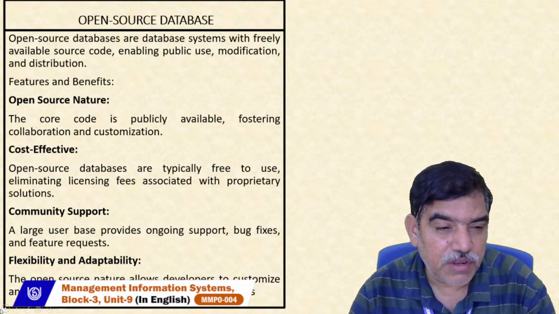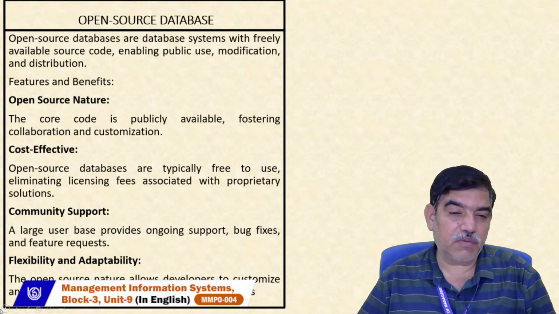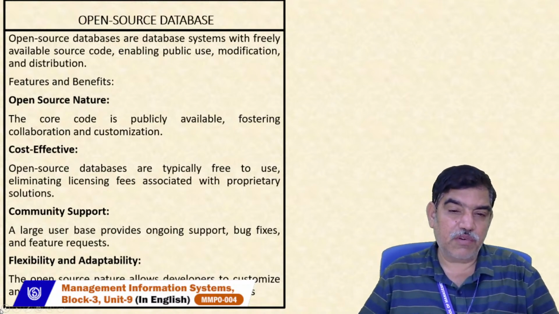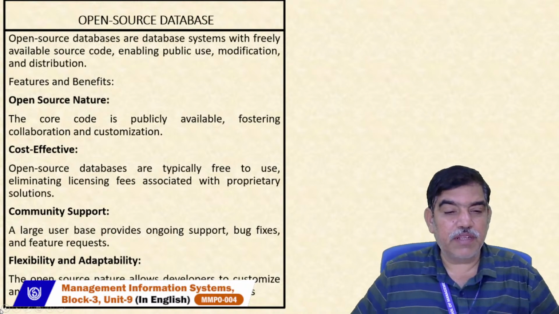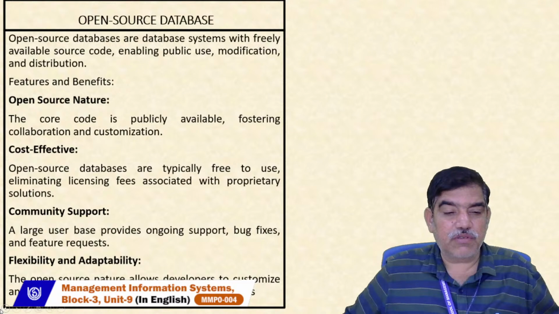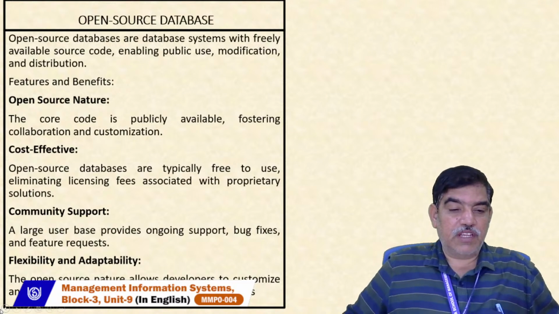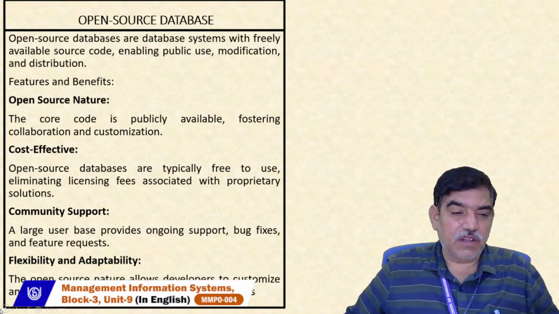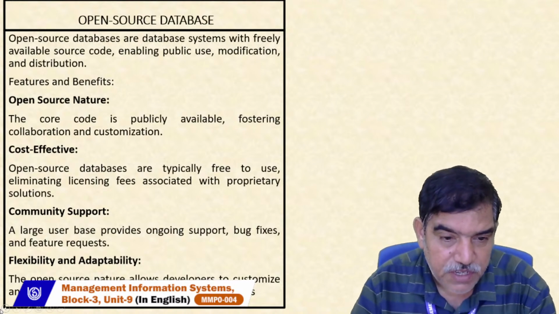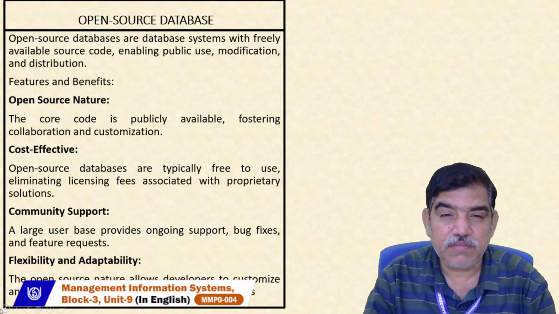Then community support. A large user base provides ongoing support, bug fixes, and feature requests. Then flexibility and adaptability. The open source nature allows developers to customize and extend the database to fit specific requirements.